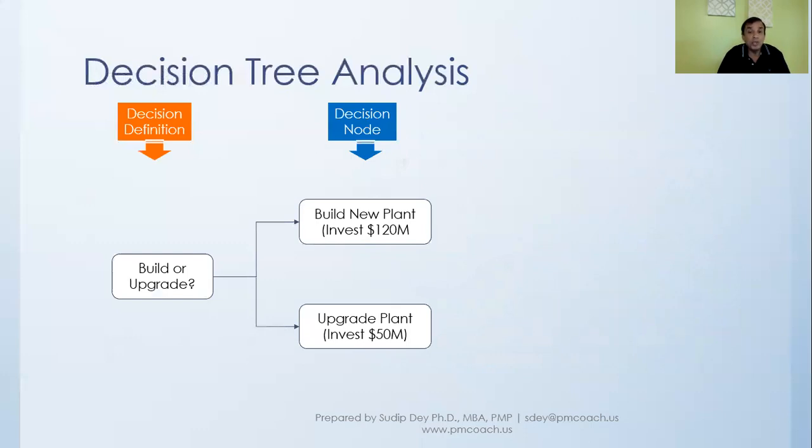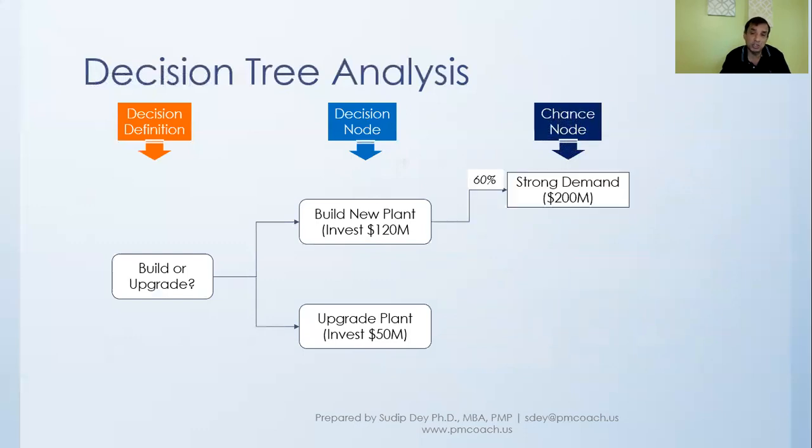To do that, we look at what we call the chance node. We don't know about the market. It can happen that the market becomes very strong after we build a plant, or the market will not be that strong.